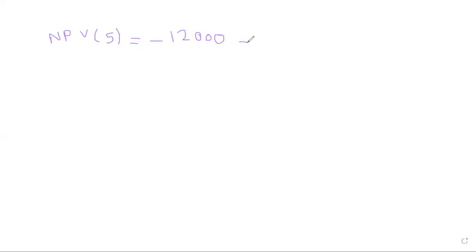It was already minus for the second term, so now it's a plus 50 over 1.1 plus 25 over 1.1 square.